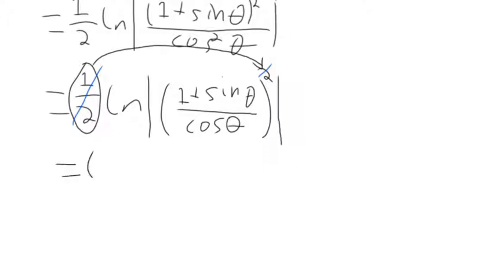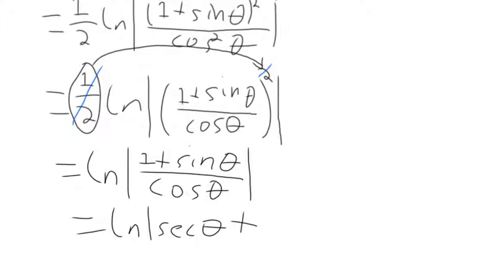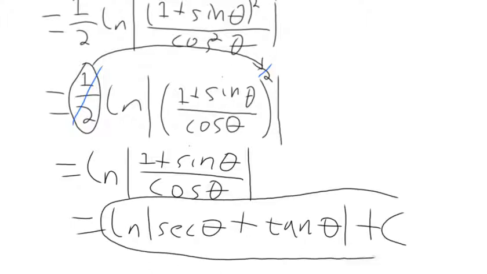And I'm just left with natural log absolute value of 1 plus sine theta over cosine theta. And now I will just divide: 1 over cosine theta is secant theta, plus sine theta over cosine theta is tangent theta. And this is the standard result for the integral of secant theta.